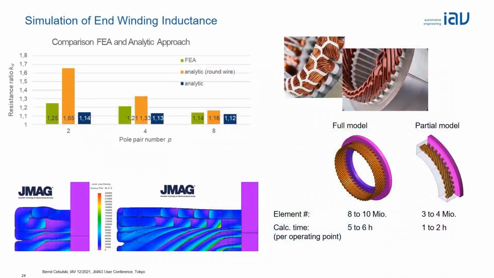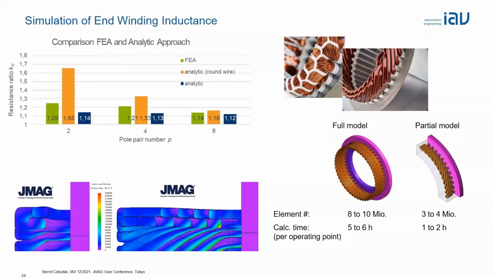Another use of 3D simulation is the end winding inductance. This is a kind of mysterious value that most people estimate using analytic formulas, like it's done in other FEA programs. And I can tell you from measurements as well as from 3D simulation, all the analytic models that exist in literature are wrong.